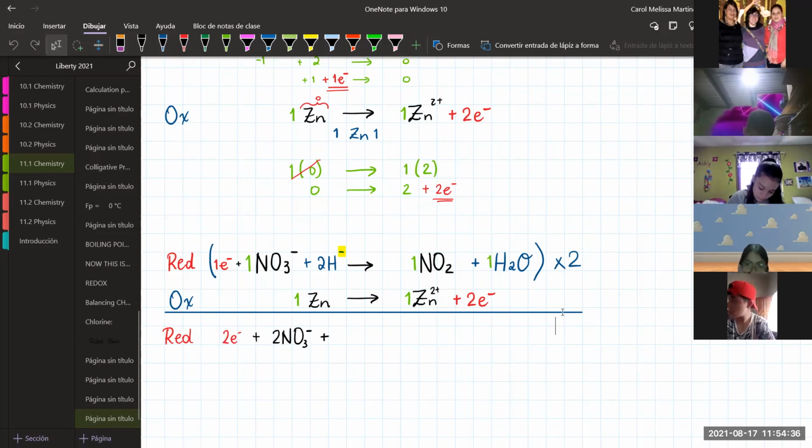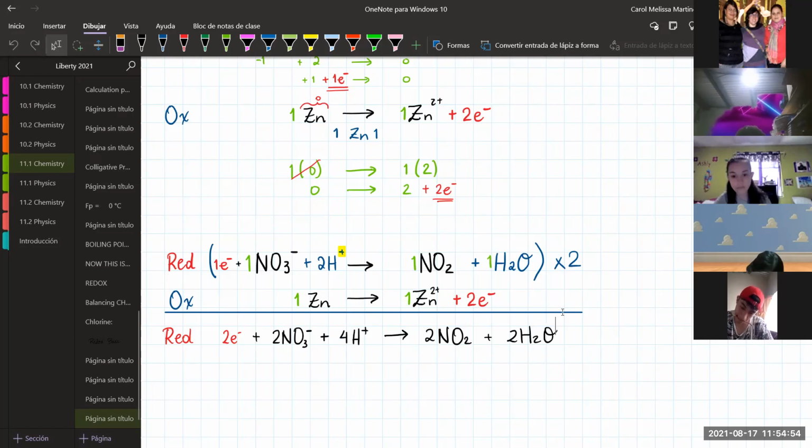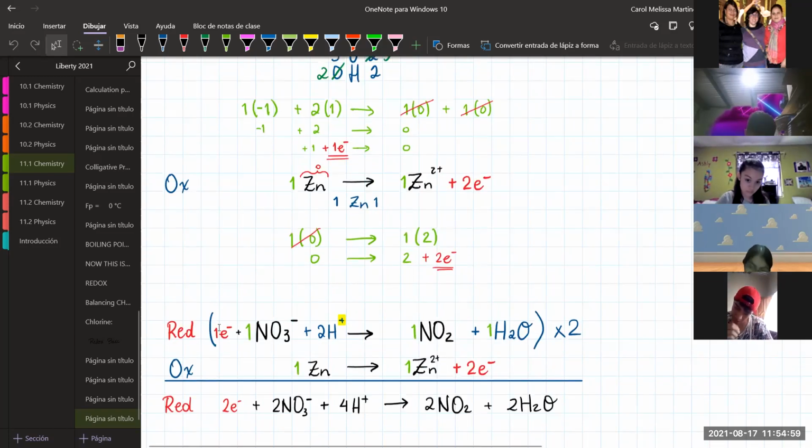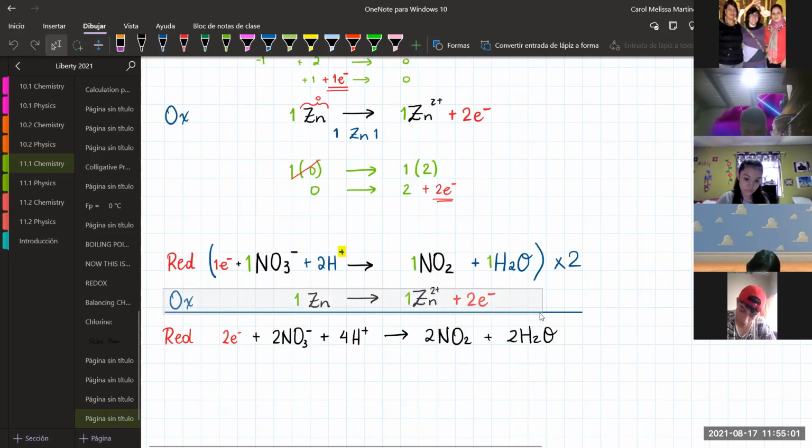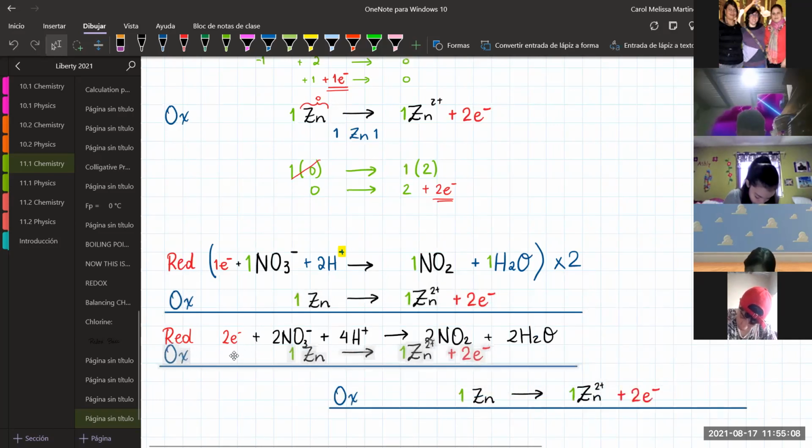Here is H plus, okay? Times 2 is going to be 4H plus. That is producing 2 nitrogen dioxide and 2 waters. And in oxidation, I'm going to have the same amount because I didn't multiply by any number. So it's going to give me the same.